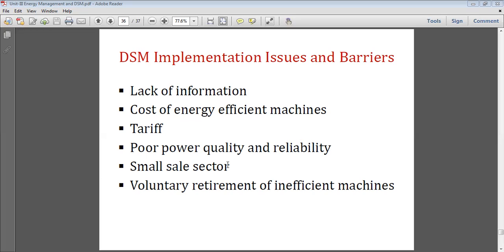The BLDC energy efficient 5-star rated fans consume only 28 to 35 watts, but the cost is around 3500 or maybe 4000 rupees. So there is a large cost difference between energy efficient machineries and standard machineries, and this cost becomes one of the barriers in implementation of demand side management.